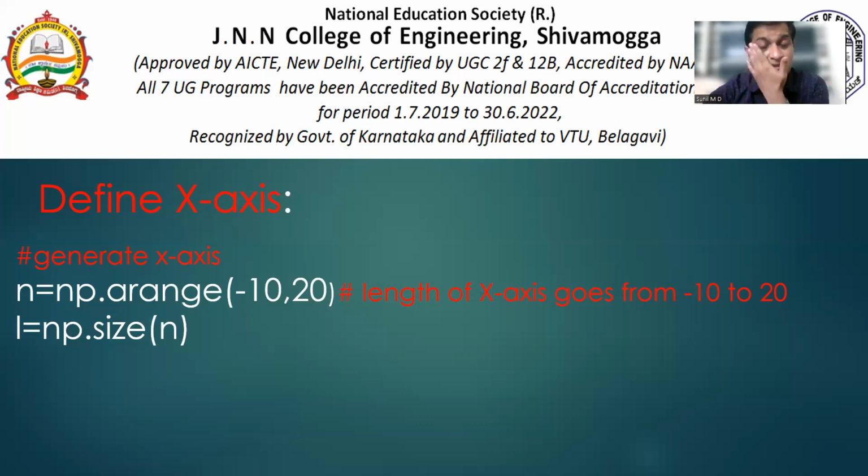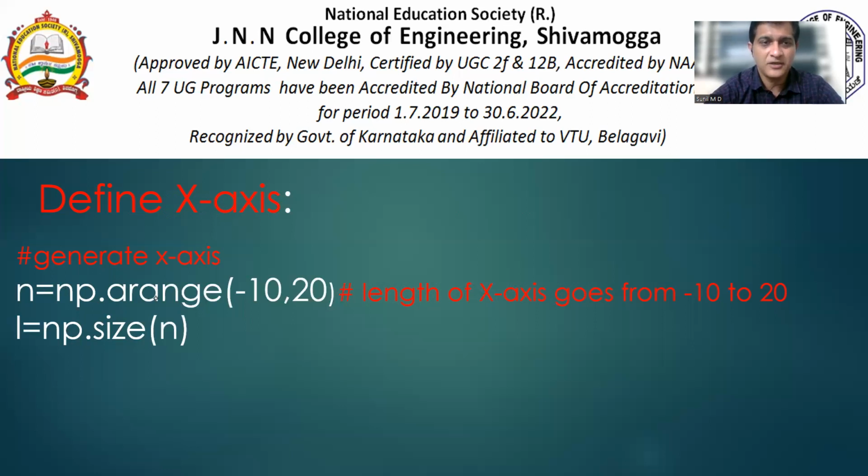Fine. And this is another function that is there in the NumPy library, that is size. So what does it do? It will give you the size of this n, that is the x-axis we have defined. How many points are there on that can be seen using size.